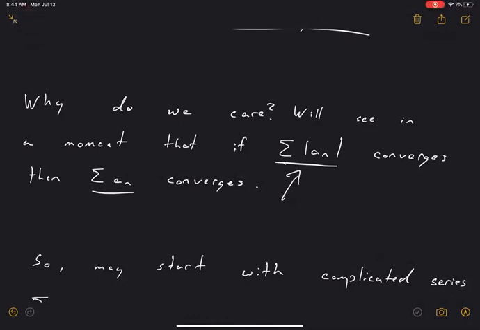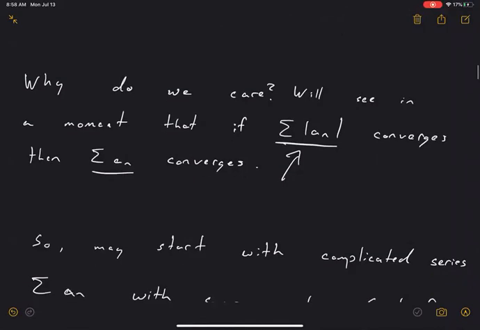So maybe it will be helpful to look at this series of absolute values, see if it converges, and then that gives us information about our original series. So it's a very useful idea to consider the series of absolute values.